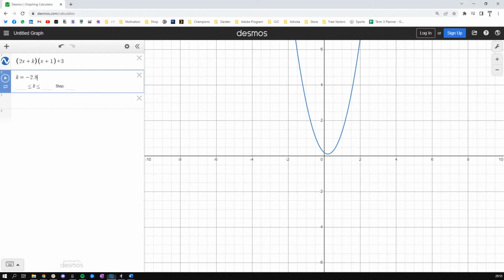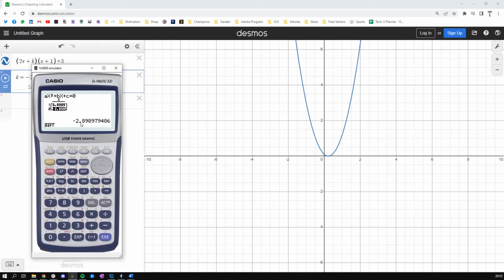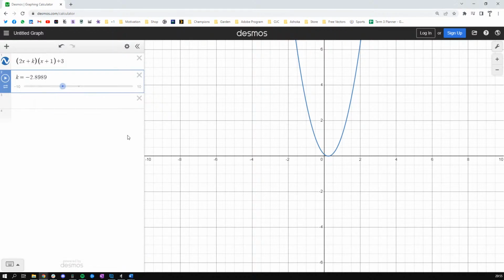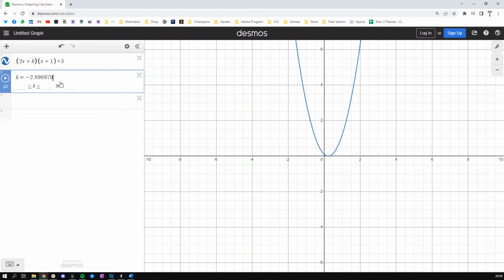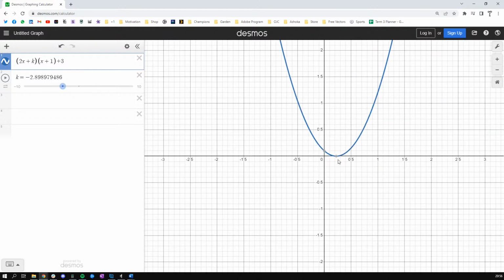Then if I put in this value, 8989, where's my solution there? My solution was 8989799486, whatever. You can see, if you zoom in right there, that it has one solution when we put this value.